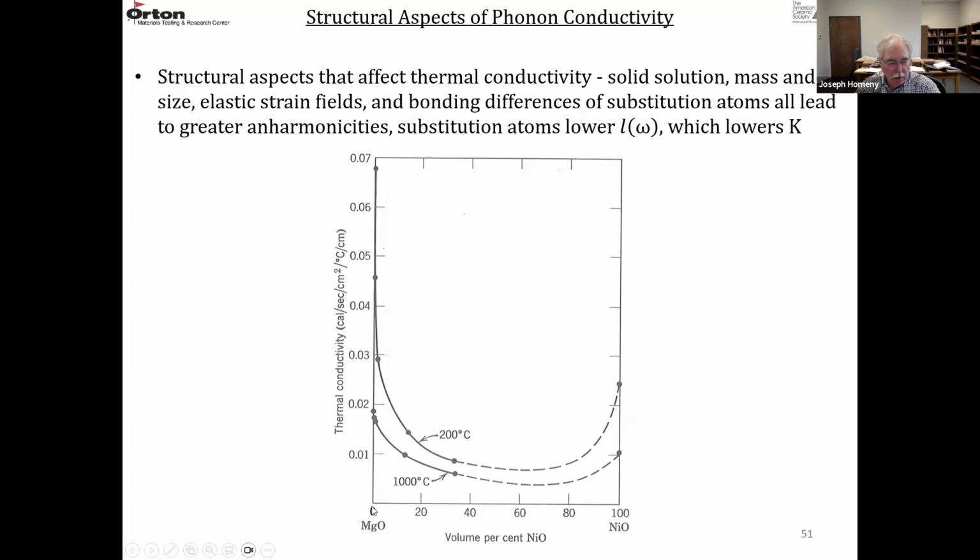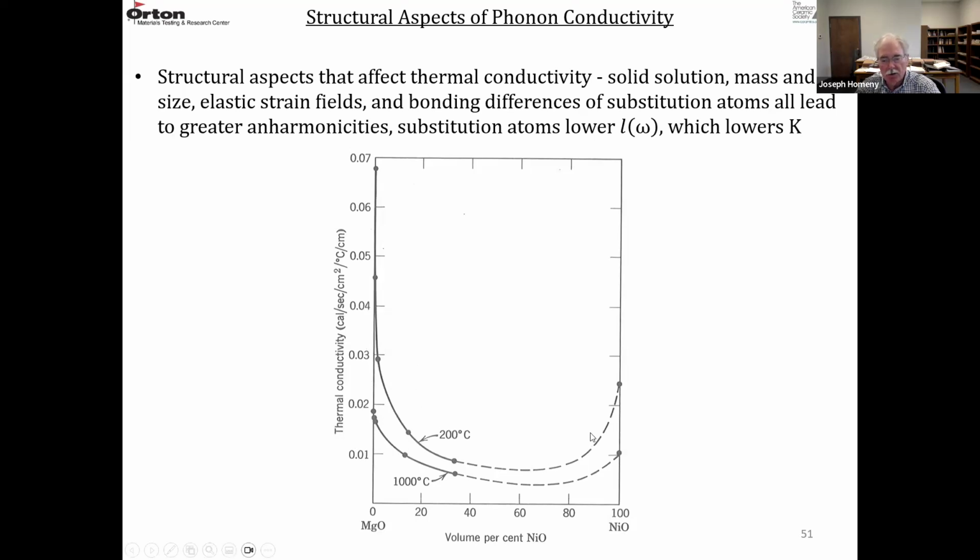So this is 100% MgO on the left-hand side. This is 100% NiO on the right-hand side. MgO and NiO form a complete solid solution, so they completely dissolve in each other. So at 100% MgO, you have the highest thermal conductivities, and at 100% NiO, you have the highest thermal conductivities for the pure end members.